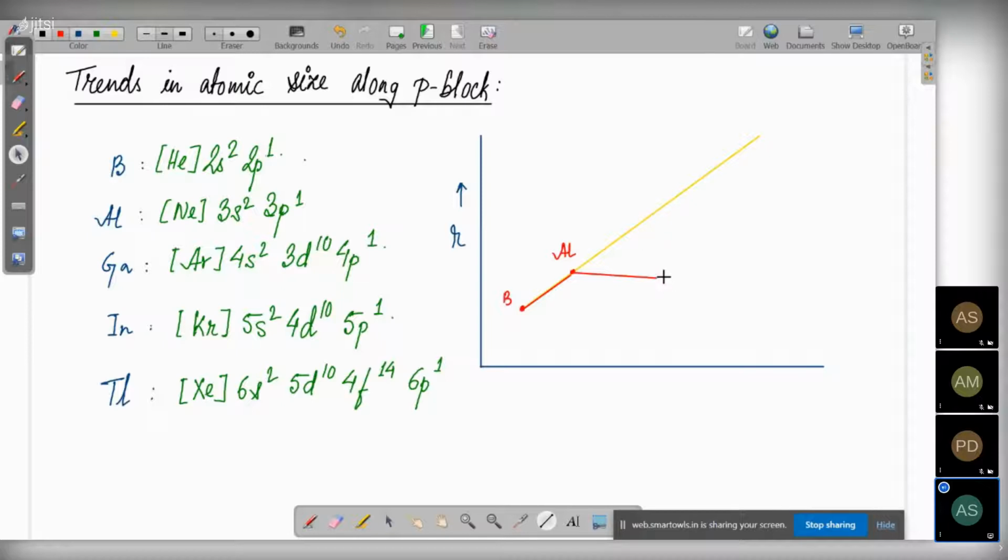Then for indium, again the atomic size increases. For thallium, the atomic size increases, but the extent of increase is not as much as expected, only slightly.